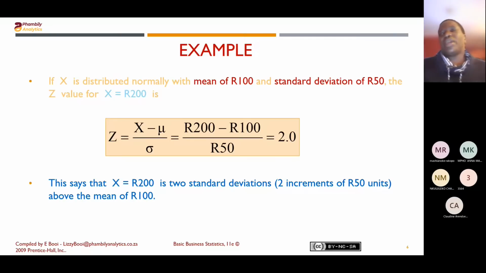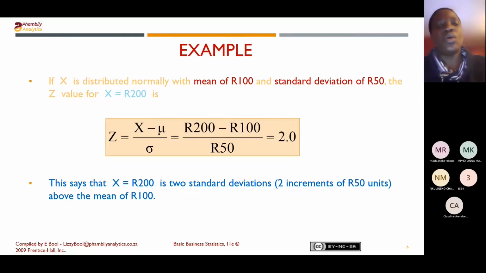So how do we then calculate or standardize the data? If X is distributed with a mean of 100 and a standard deviation of 50, we need to find the Z value where X is equal to 200.